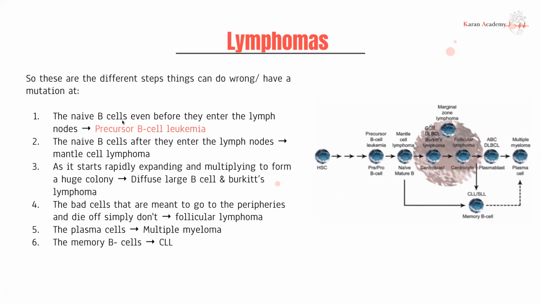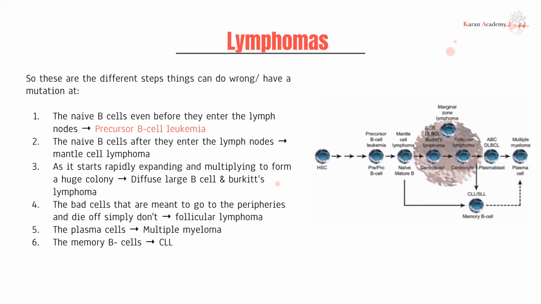So a naive B cell, if it undergoes a lymphomic transformation before it enters the lymph node, that's going to be called a precursor B cell leukemia. Again, technically, it's still within the spectrum of lymphomas, but because it hasn't originated within the lymph node itself, we still call it a leukemia.